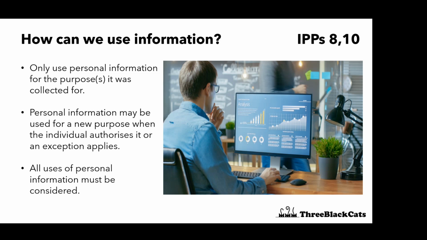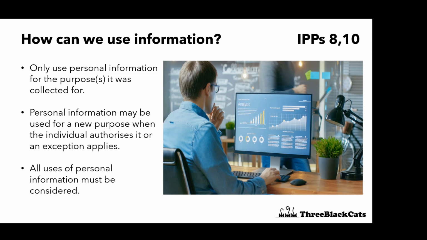Now, there are a few other exceptions about how we can use personal information. A couple of examples. We can use it for statistical and research purposes where the person can't be identified in terms of printed output. So we can usually run quite a lot of metrics and analysis without it needing to be in the privacy statement. Good practice to put it in anyway, but we could do it.